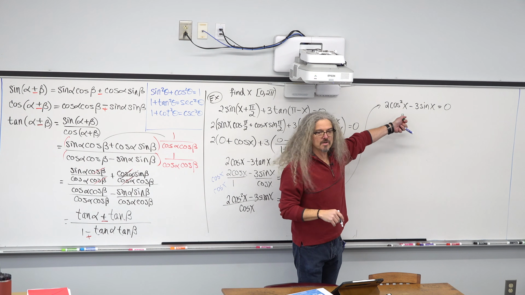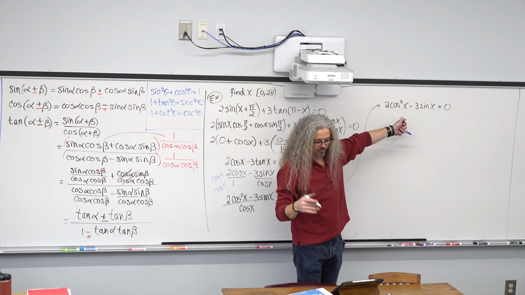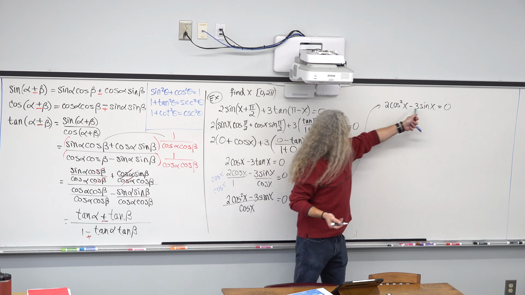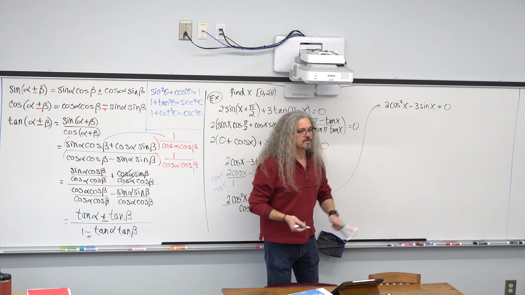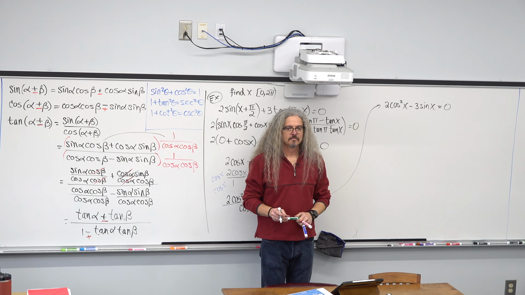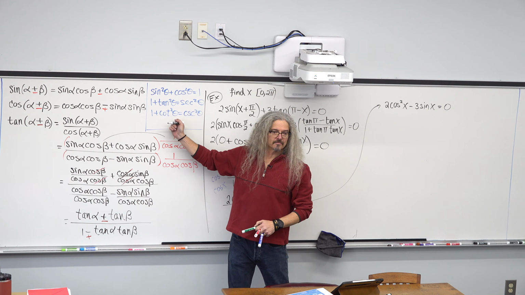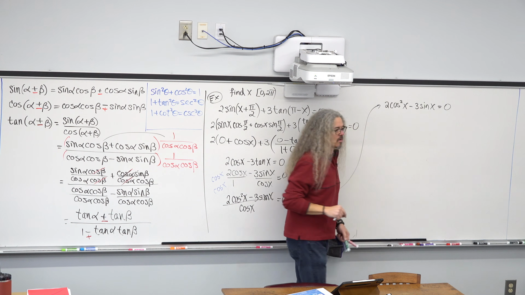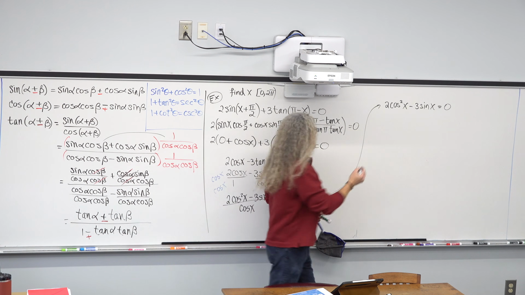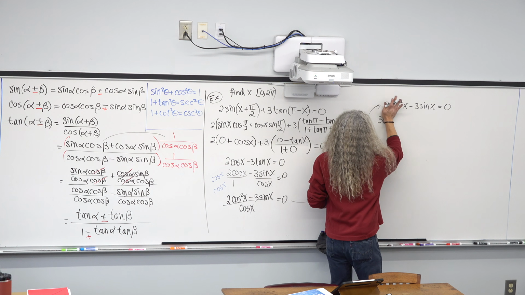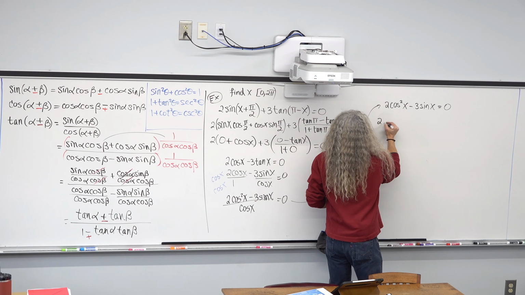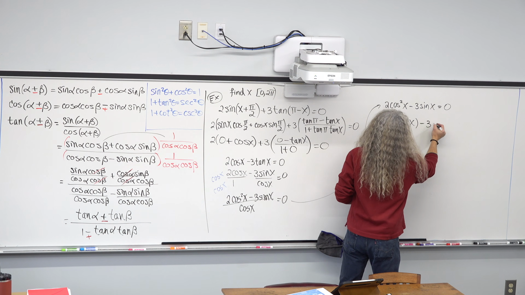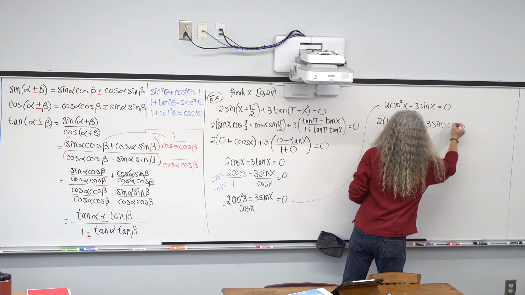This is all of a sudden a question you had in whatever section 5.2, I think it was, solving trig equations. How do we write this in terms of one trig function? Use one of the Pythagorean identities again and substitute cosine squared of x with 1 minus sine squared x. So 2 times 1 minus sine squared x minus 3 sine of x equals 0.